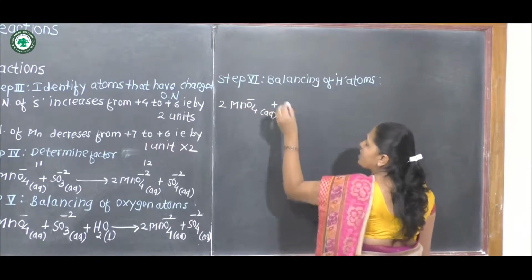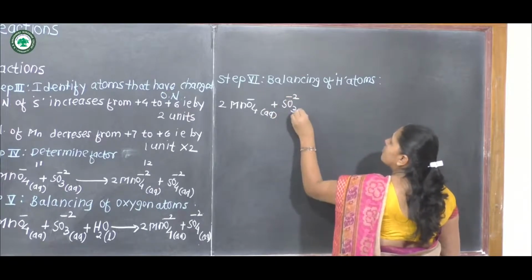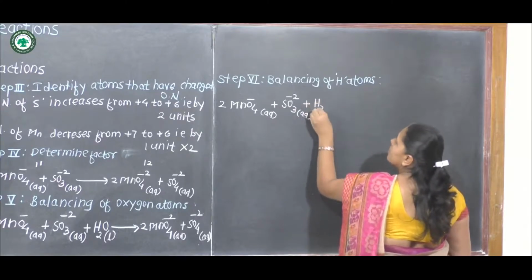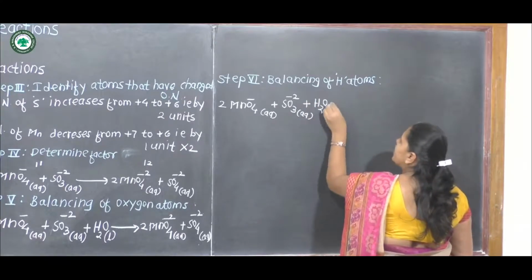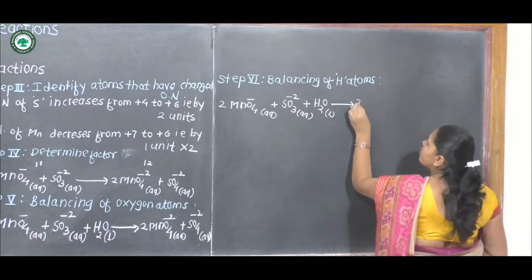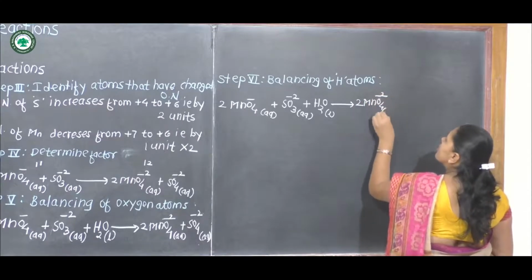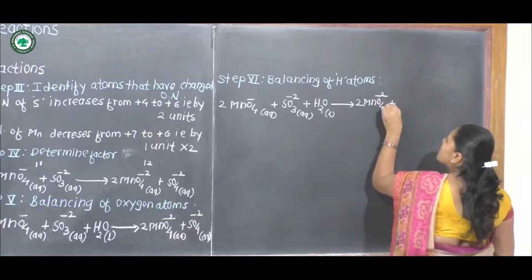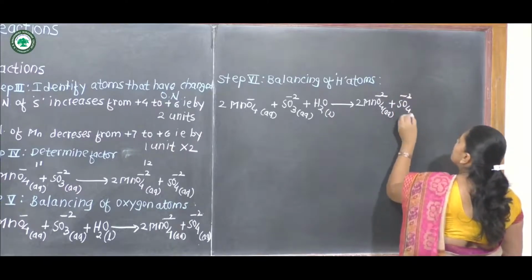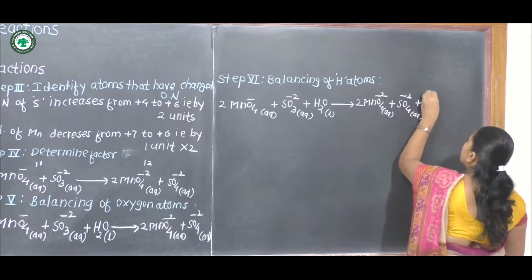Twice MnO4 minus aqueous plus SO3 minus 2 plus water liquid gives twice MnO4 minus 2 plus SO4 minus 2 plus 2 H plus aqueous.